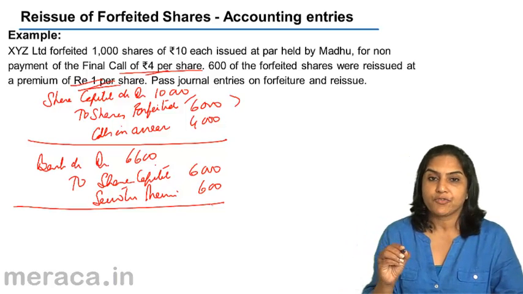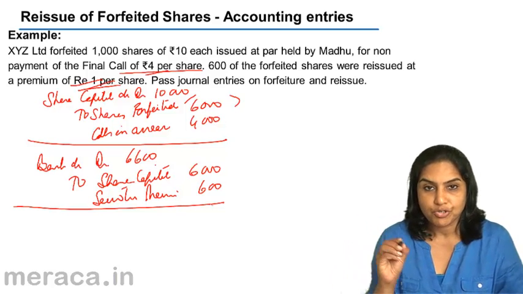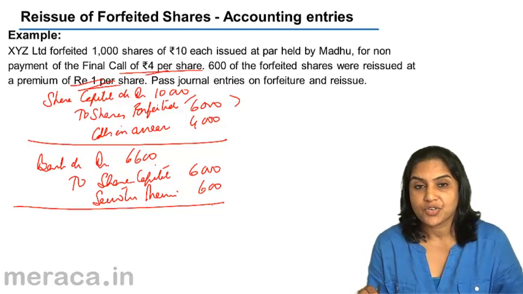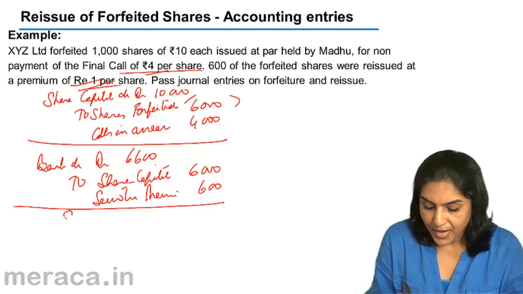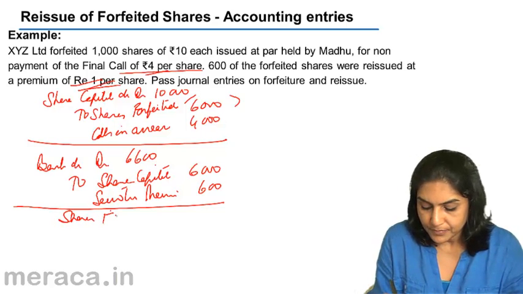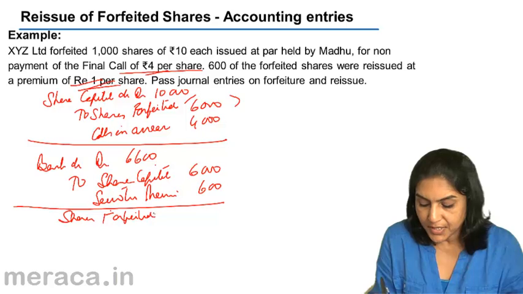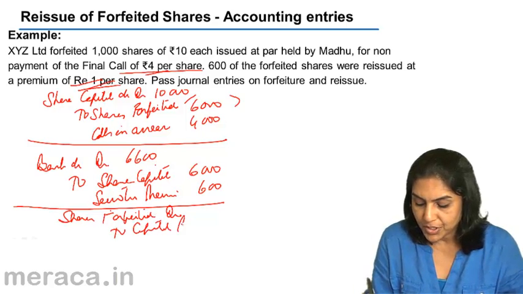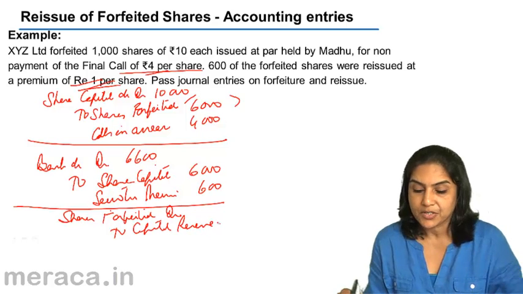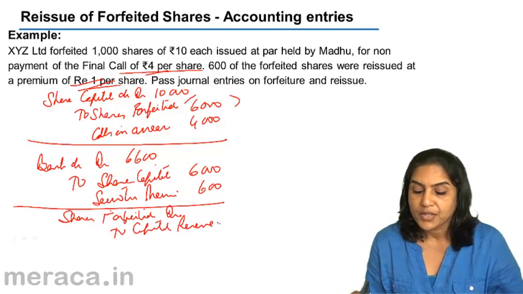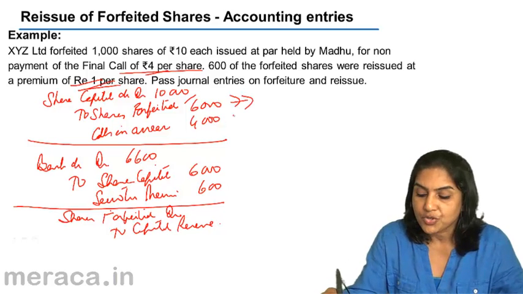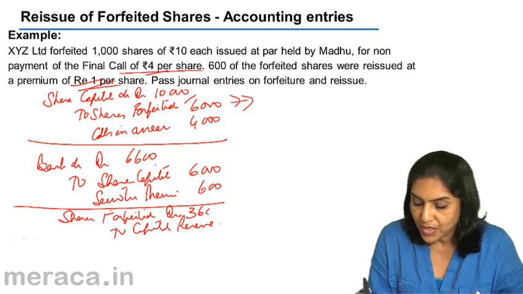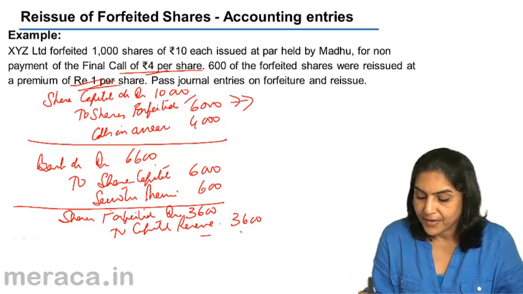But the moment shares forfeited are reissued, we should not forget to transfer the profit on the shares reissued to capital reserve. Entry is shares forfeited account debit to capital reserve. With what amount? The profit we made was 6 rupees per share. 6 rupees into 600 shares reissued, 3,600.